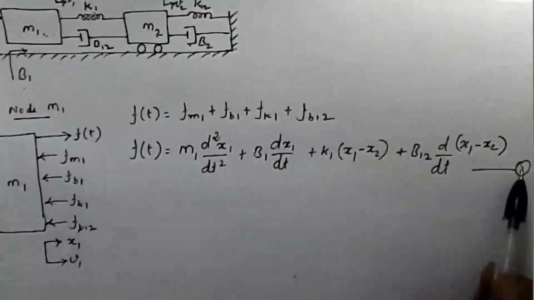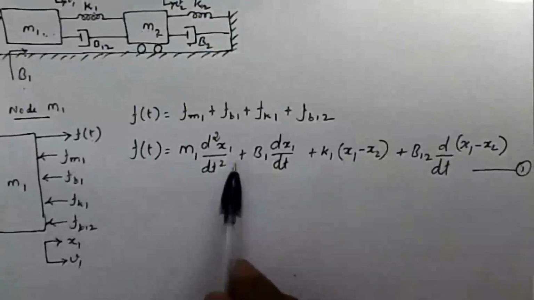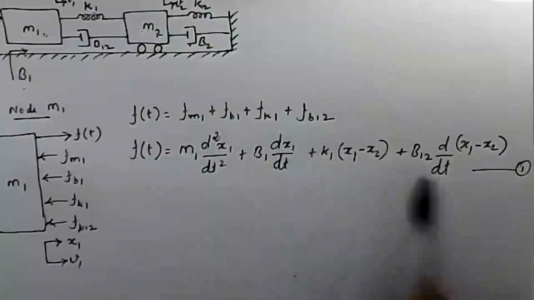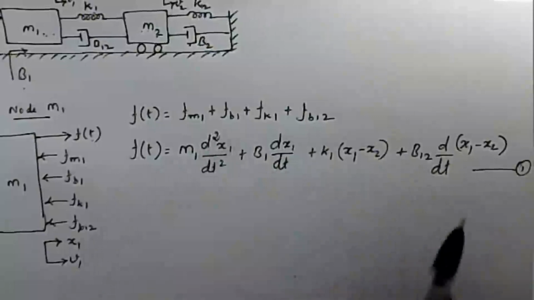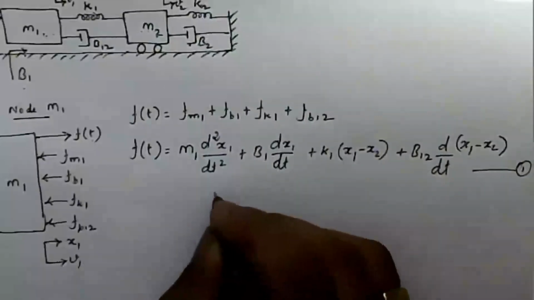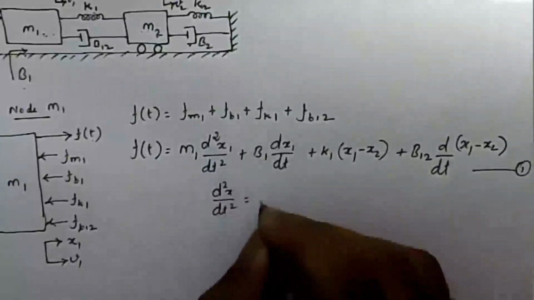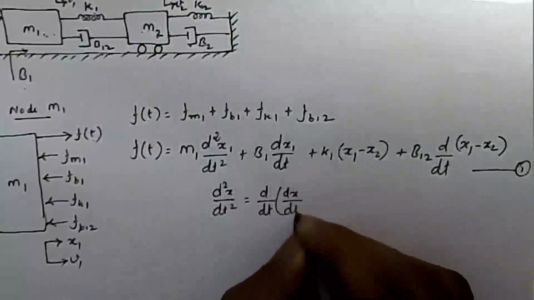This is taken as equation number 1. Then immediately, replacing the displacement by velocity in this differential equation 1. You know that d square x divided by dt square is equal to d by dt of dx divided by dt.